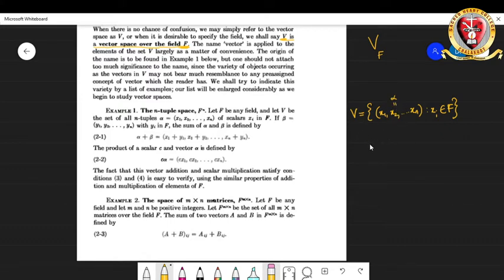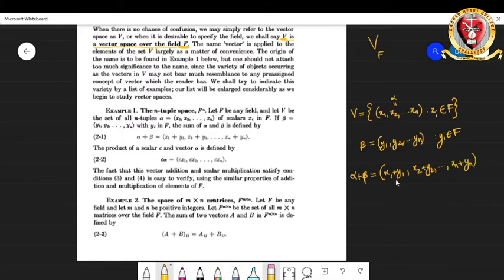And if beta is equal to the n tuple y1, y2, etc., yn with yi coming from F again, that means obviously that is coming from V. We define the sum alpha plus beta as x1 plus y1, comma x2 plus y2, comma etc., xn plus yn.